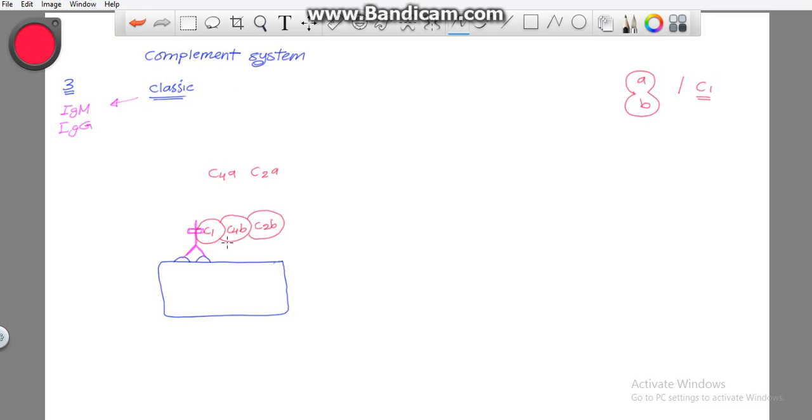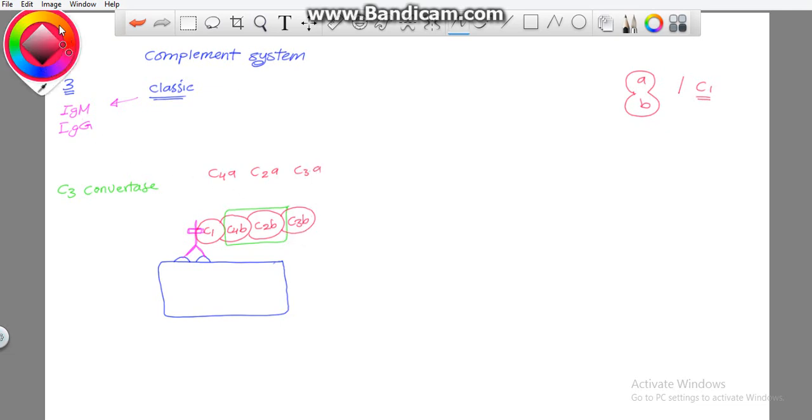Now this is an important thing to mention. This sequence right here, the C4B, C2B, is called C3 convertase. Of course, as the name implies, it splits C3 into C3b and C3a, which goes away.